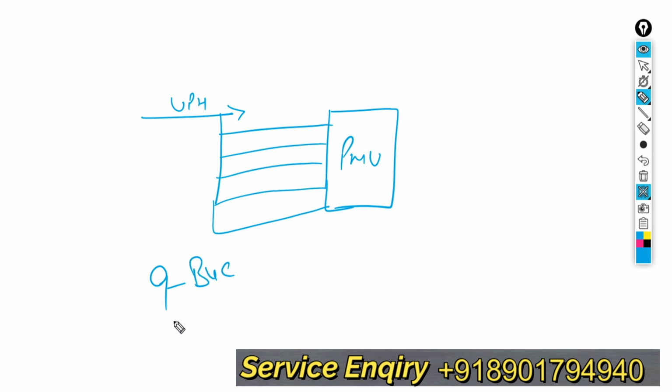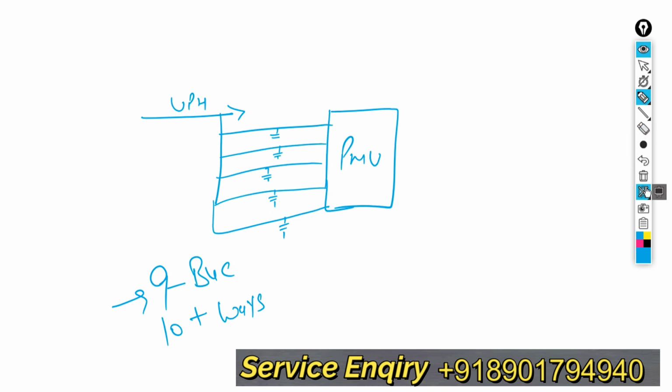So VPH enters 10 plus ways in this IC: 9 for the buck section, others for the power, to enable and activate other work. Now, at the entry, you will see there is a filter capacitor on each and every line.